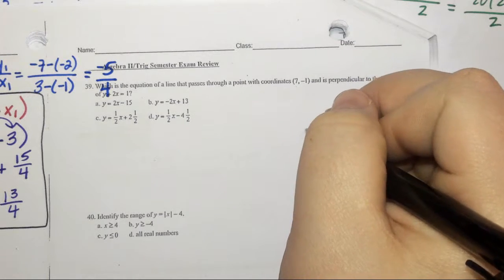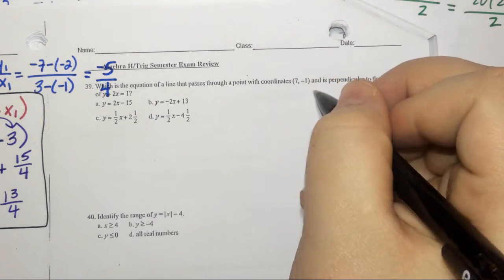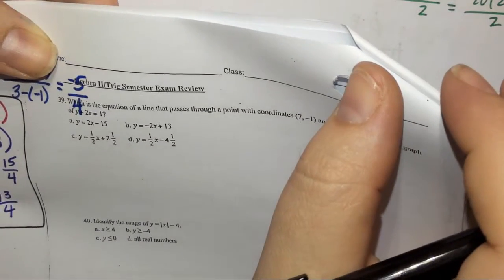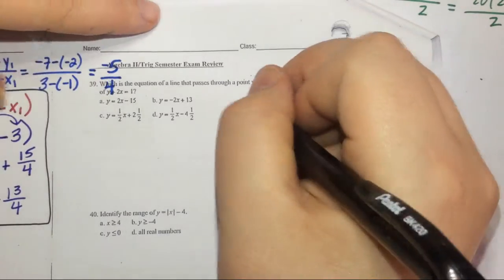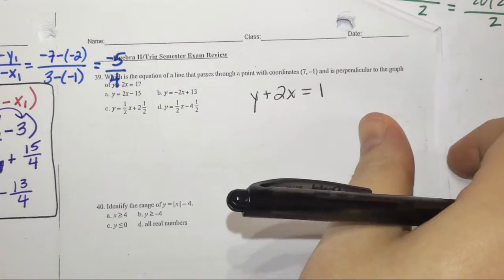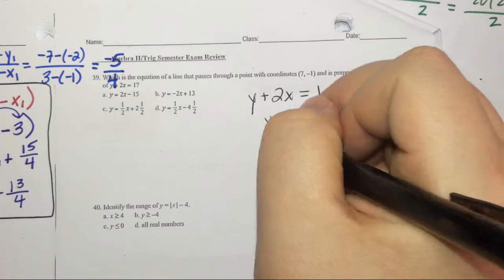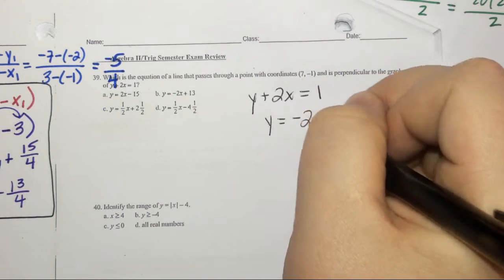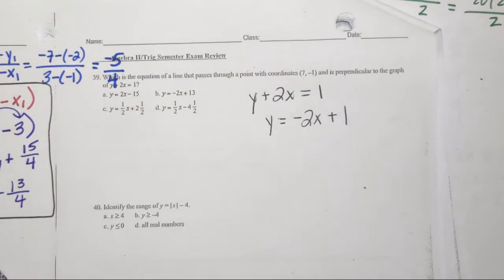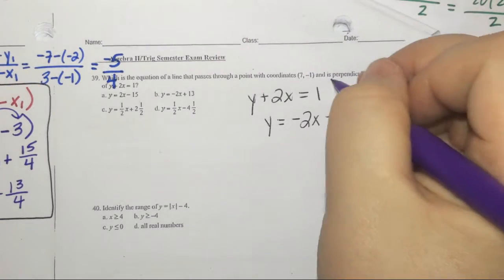The equation of a line that passes through the point (7, -1) and is perpendicular to the graph of y + 2x = 1. Well, first things first, if I rearrange this equation, I'll have y = -2x + 1. So the slope of this line is -2, but my slope needs to be perpendicular.